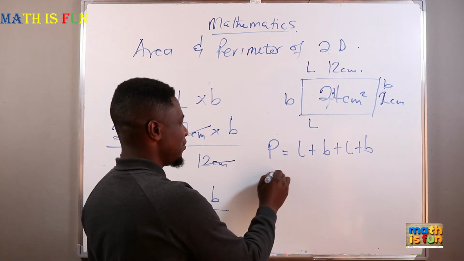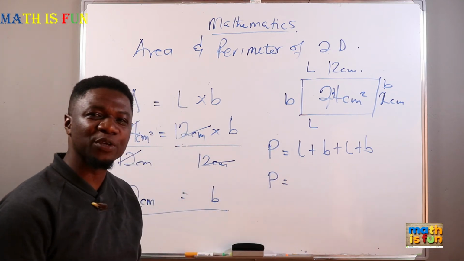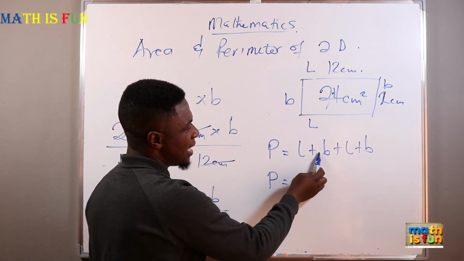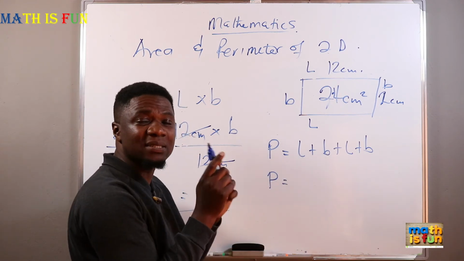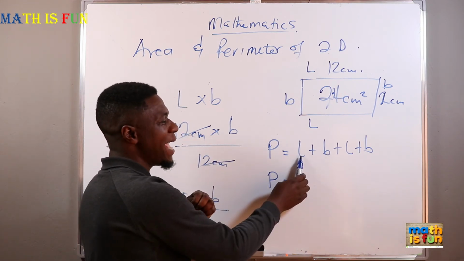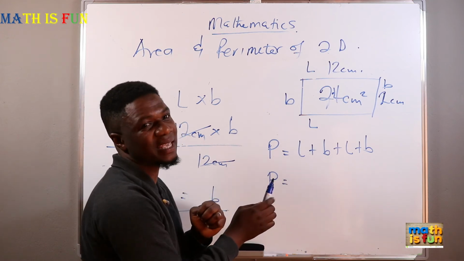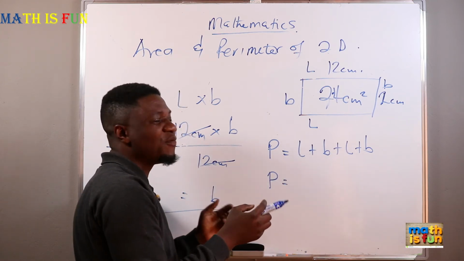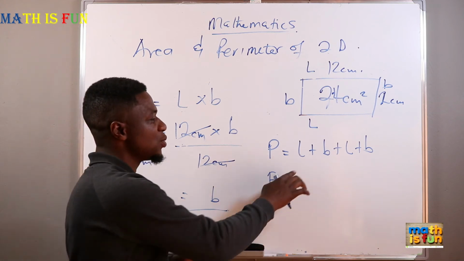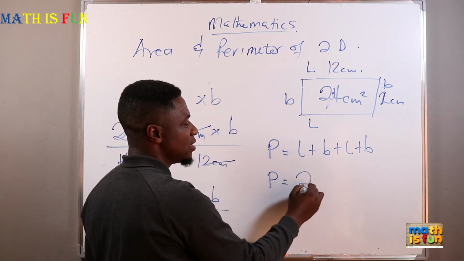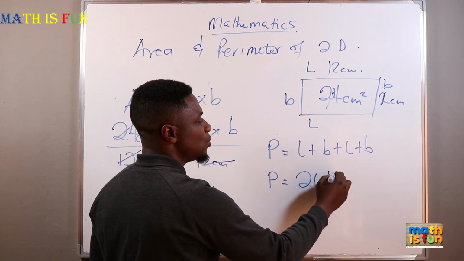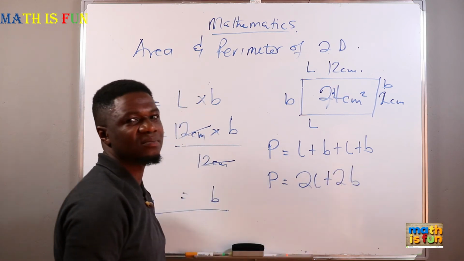Other books also we see that, since length plus b, remember that in algebra you cannot add l plus b, but we can add l plus l. So all variables have the coefficient of 1. So l plus l will give us 2l, plus b plus b will also give us 2b.